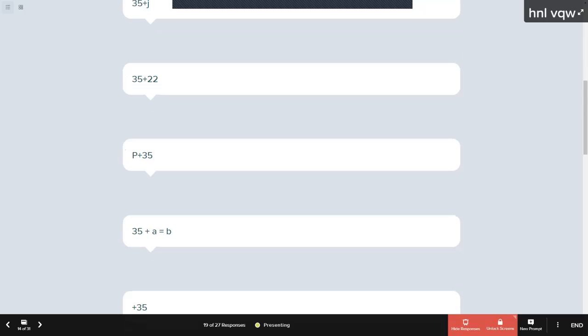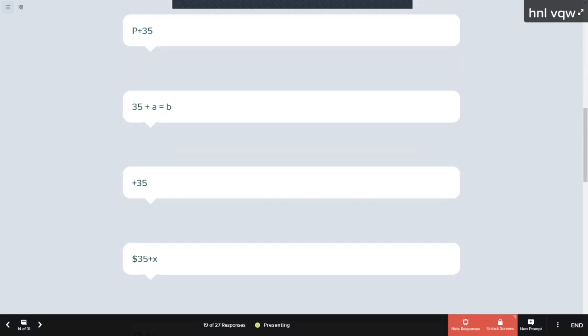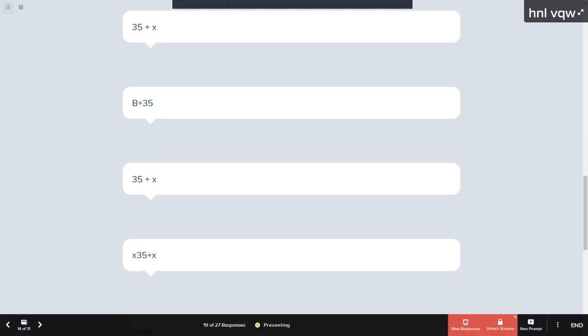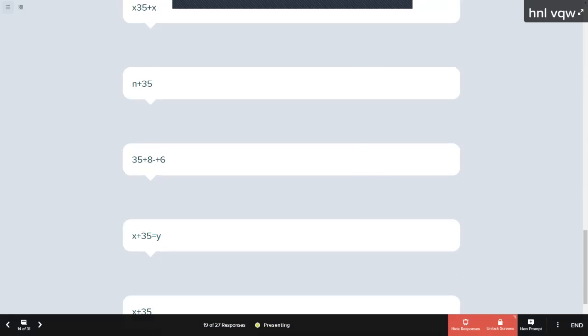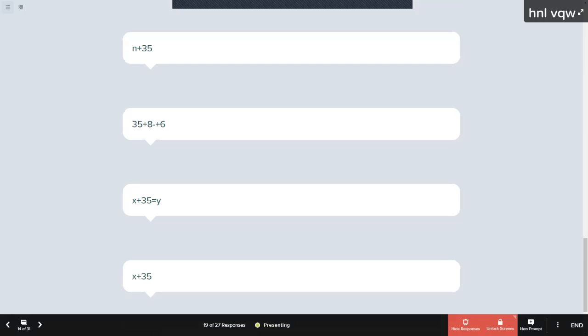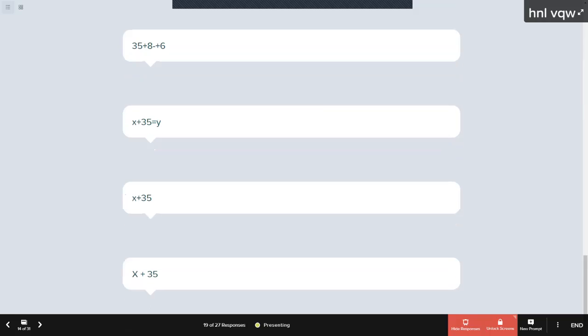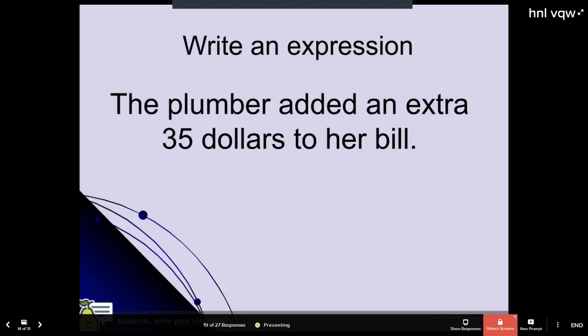Again, you can't make up your own numbers. I have no idea where 22 came from. P plus 35, this is fine. You didn't need the equals part. Okay, good. I'm not sure where the 8 and then minus plus 6 came from. I'm not sure where some of that came from. Okay, yeah. Looks like most of you basically got it.